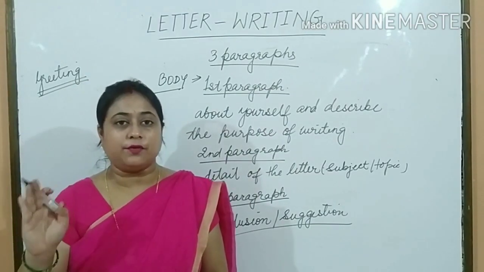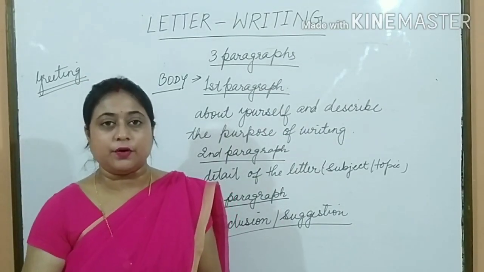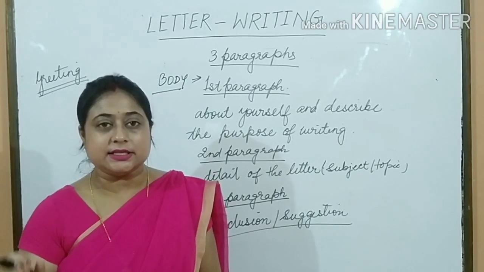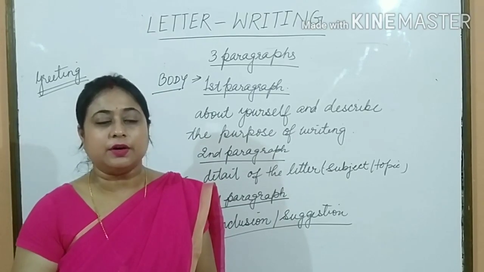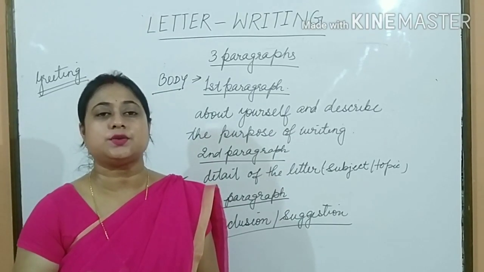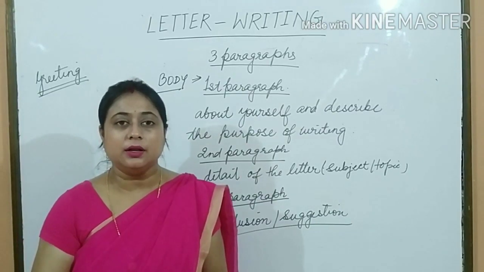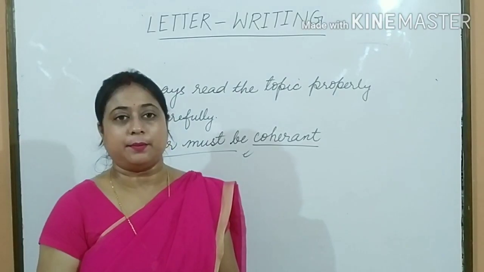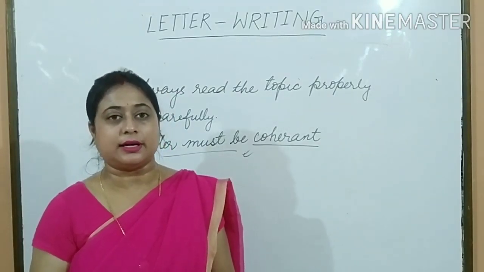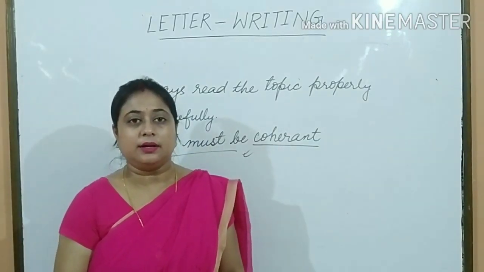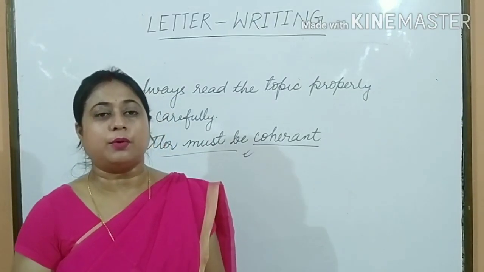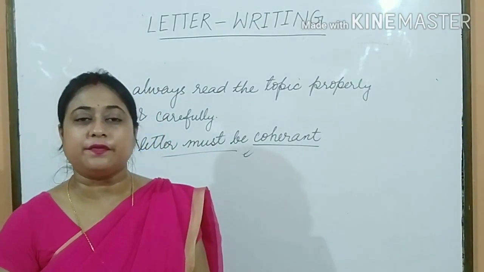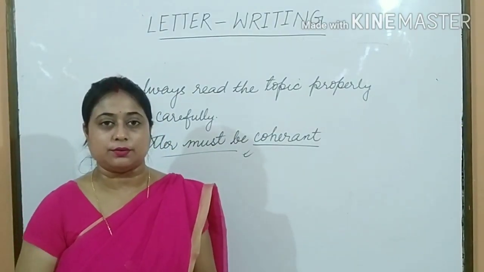So this was the format of the formal letter in detail, and every one of you should practice it while writing formal letters. Now let us see an example of how to write a formal letter depending upon the guidelines we have learned right now.